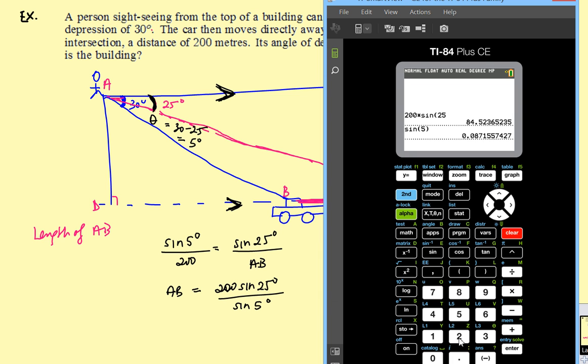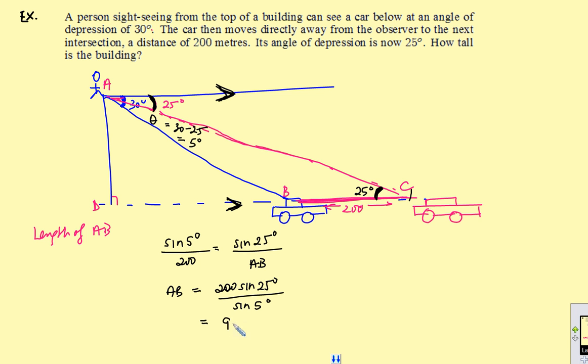So I have 200 times the sine of 25. I didn't put in all the numbers. Enter. And then it gets divided by the sine of 5. And that gives me a value of 969.8. So I know that this is 969.8, the length of AB.